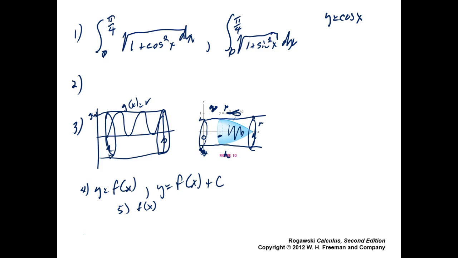Then do any of the odds 35 to 41. They say you need a computer algebra system. I don't know if you will or not, but try 43 or 45, or both if you like. Then 47 or 49, either of those.